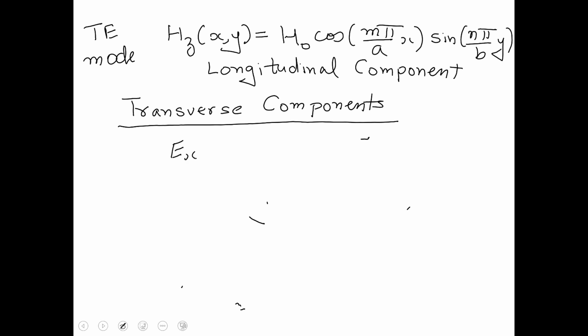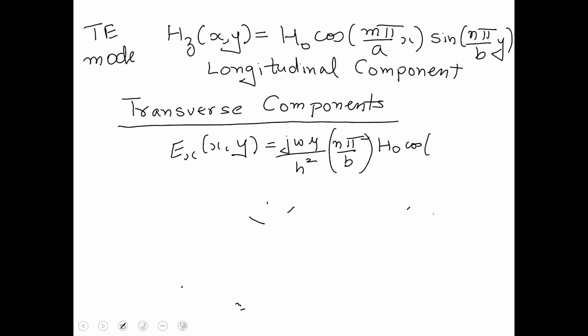It's simple derivatives. Ex(x,y), that's the amplitude variation pointing in x direction, j omega mu by h square n pi by b h naught cos of m pi by a x sine of n pi by b y.